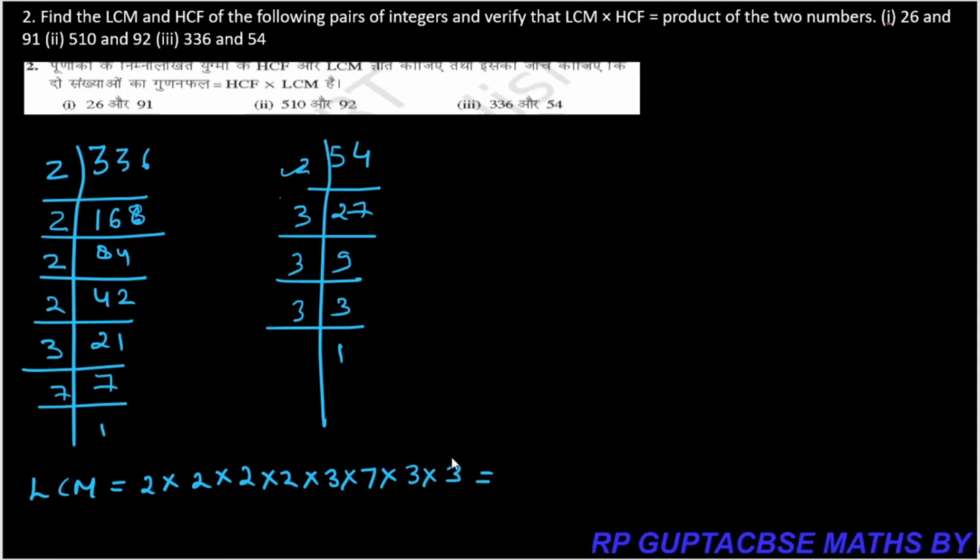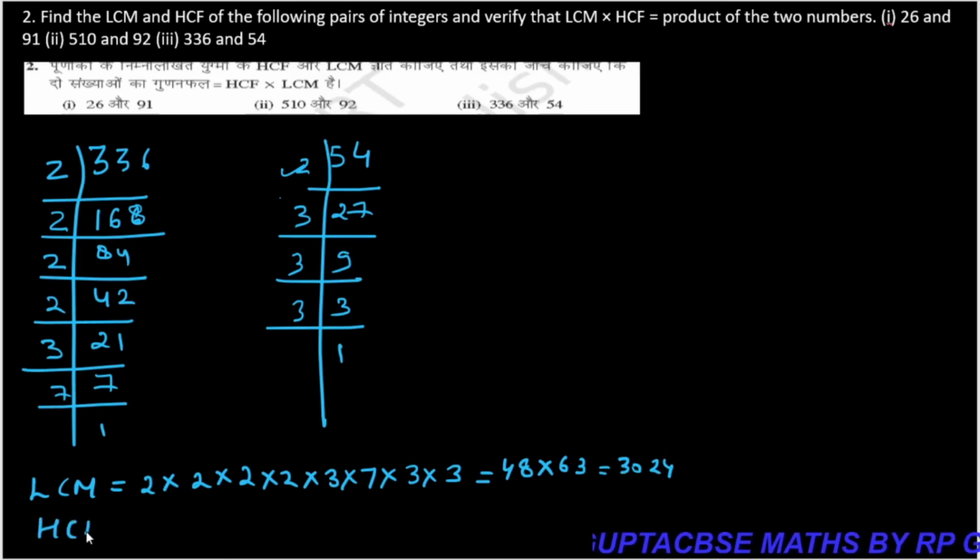So I will multiply: 2 twos are 4, 2 fours are 8, 2 eights are 16, 16 threes are 48. So it becomes 48 into 7 threes are 21, 21 threes are 63. 48 into 63 will be 3024.